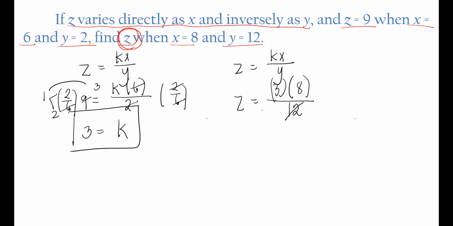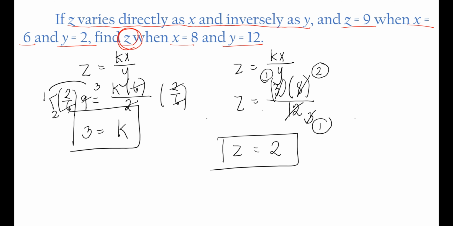We can cancel this out to 3 and this 1 to 2. We can still cancel this out to 1 and this one also to 1, and then multiply the remaining values. 1 times 2 is equal to 2 over the denominator 1, which is still equal to 2. Therefore, we can say that z is equal to 2 when x is 8 and y is 12.